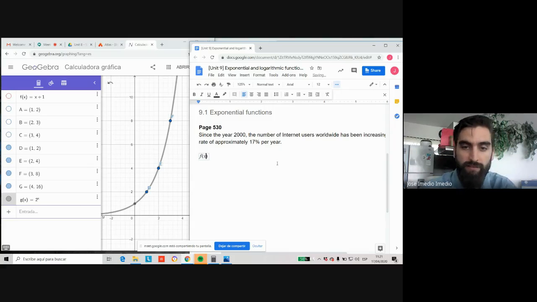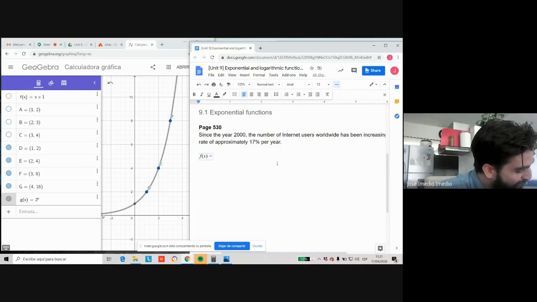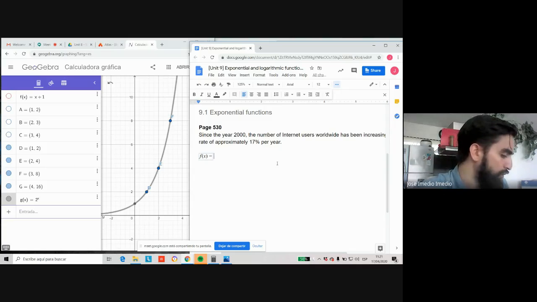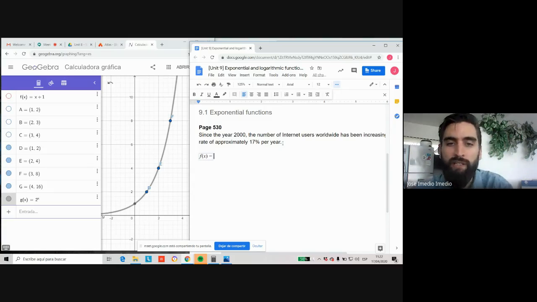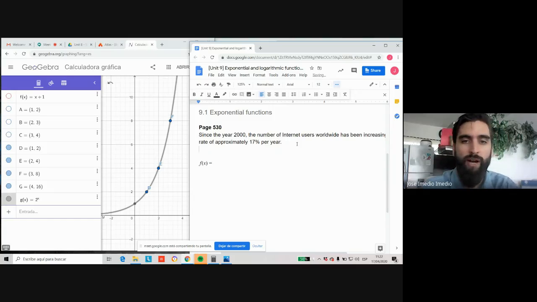F of x. We have the original, according to your book, the original number of users was 400 million, or the number of users in 2000. 400 million.